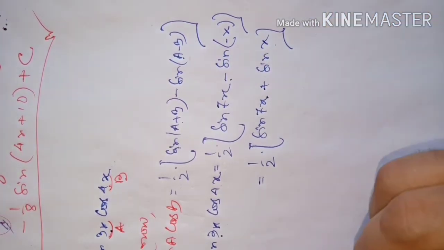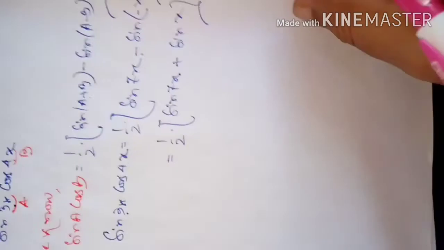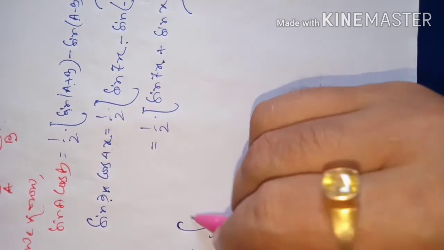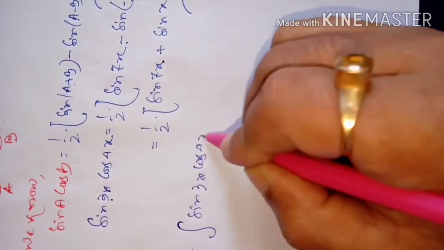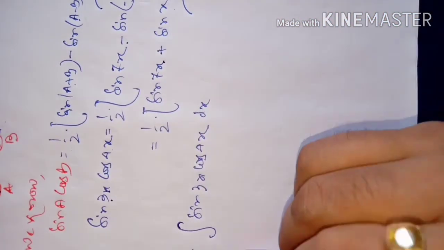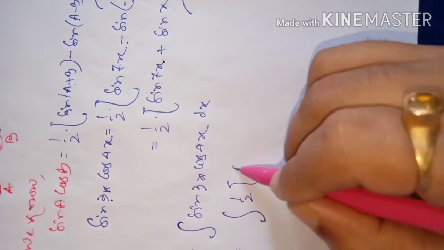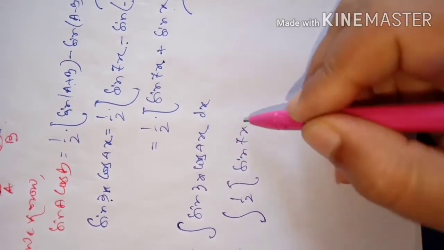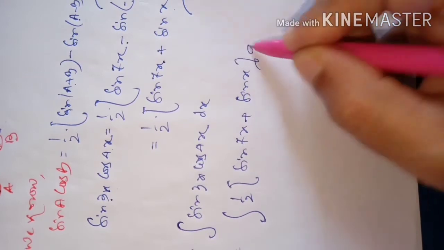Therefore, when you take the integration of sin 3x cos 4x dx, we can write it as integration of half into sin 7x plus sin x dx.